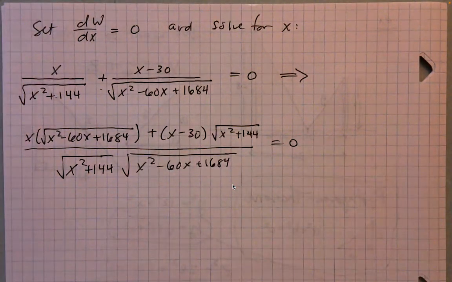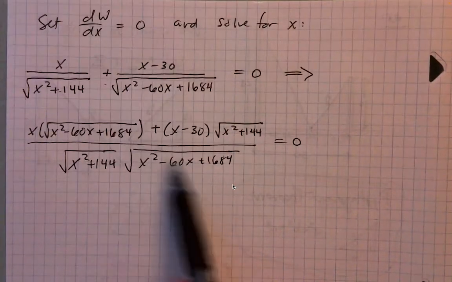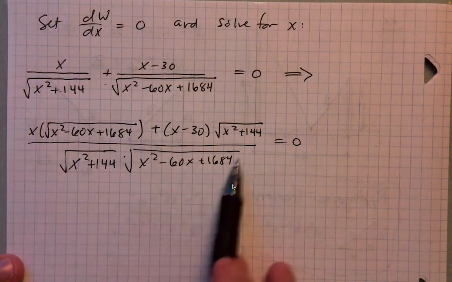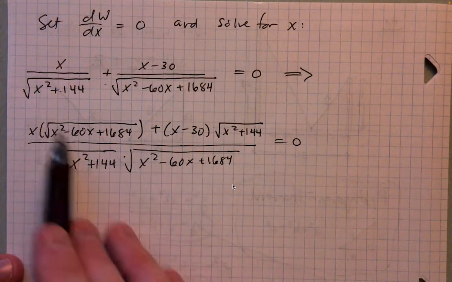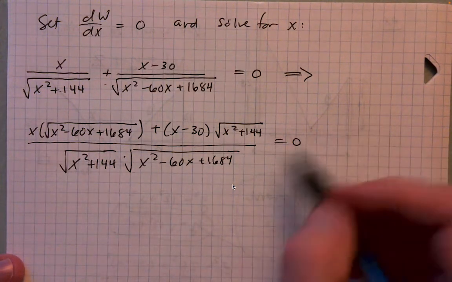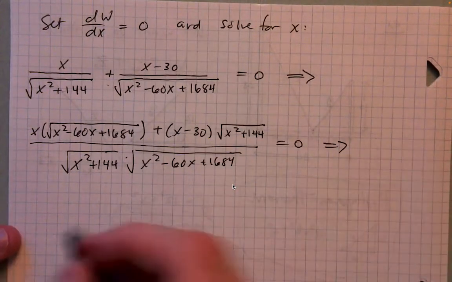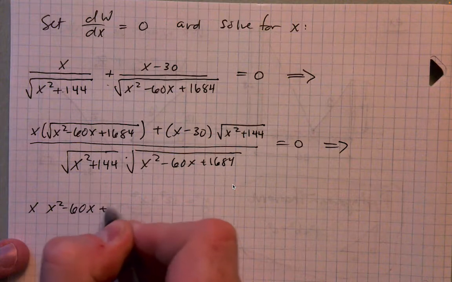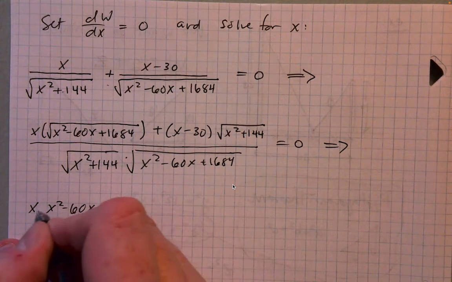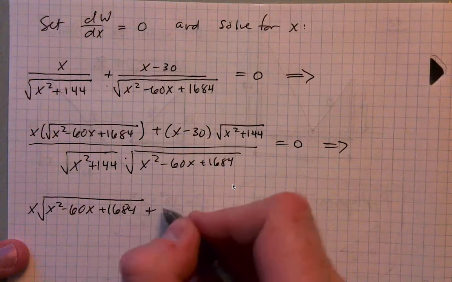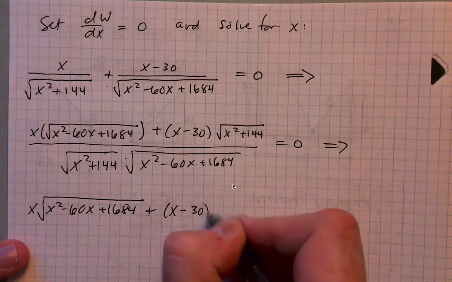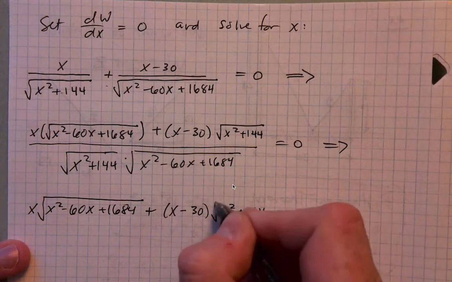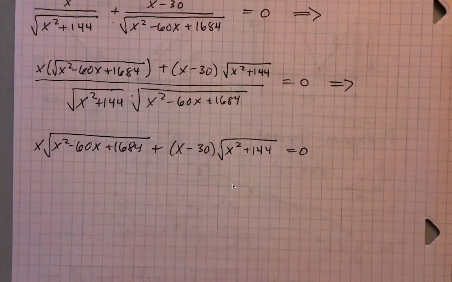Now that looks really ghastly, but the good news is that this denominator, once it's in this form, you can multiply both sides by this whole expression, and then these will cancel on this side, and of course 0 times that is 0. So the net effect here is that you just get this. Which in and of itself is not the most beautiful thing to deal with, but it's not as bad. Okay, now you still have these big square roots.